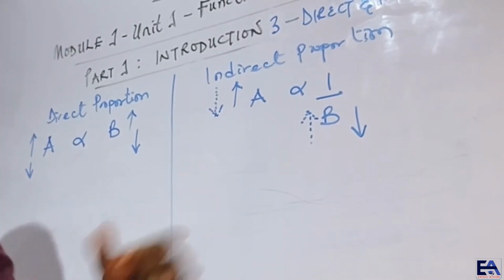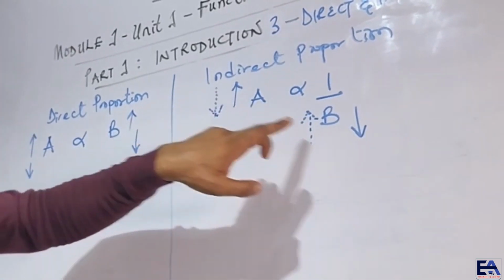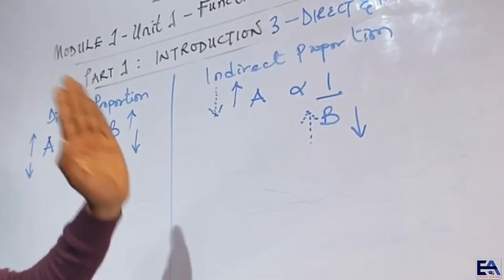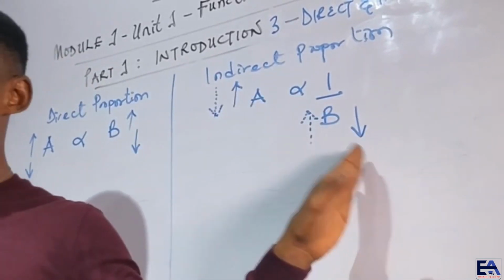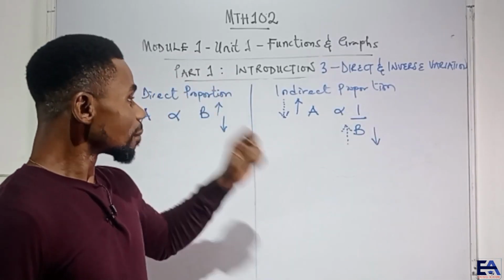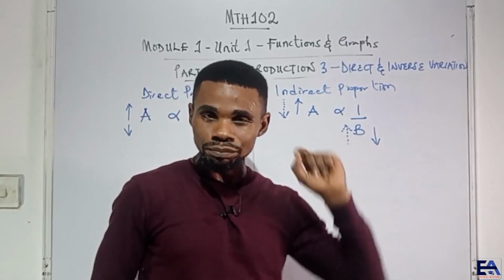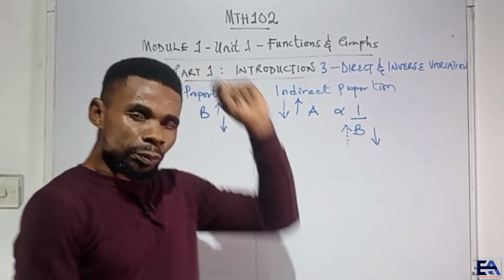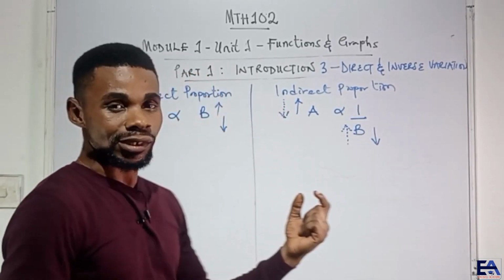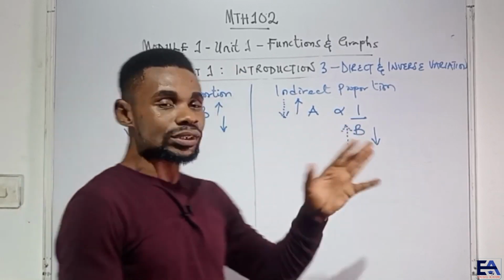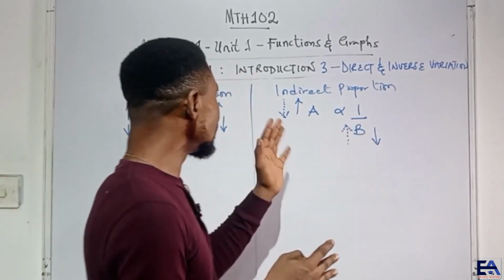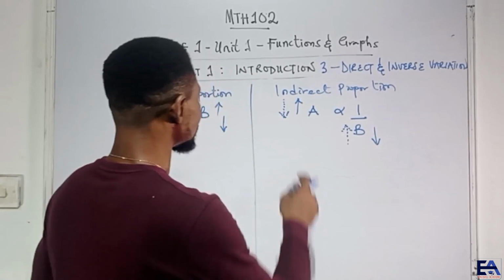So for indirect proportion, although A depends on B, is proportional to B, whatever happens to B, it is in the opposite direction that it affects A. So that is why it is called the indirect proportion, or you can call it inverse.